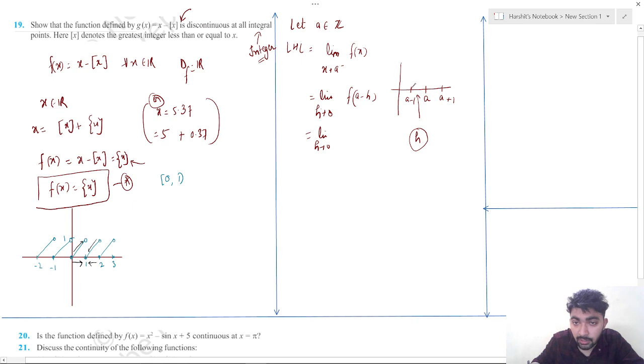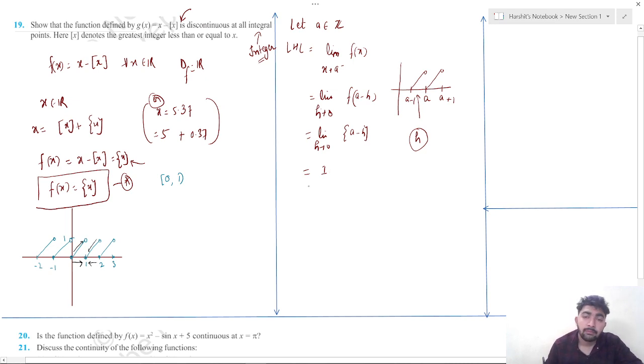So here you can observe the graph will be like that, and here the graph will be like that. If x is moving towards a from the left side, f of x moves towards 1. How can we find the value here? You can observe that the fractional part of a minus h will come as 1 only.